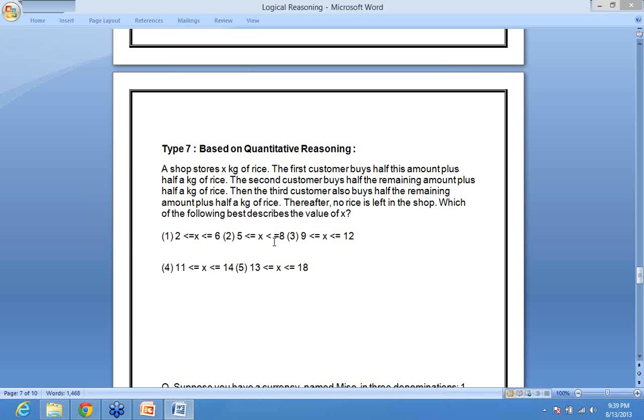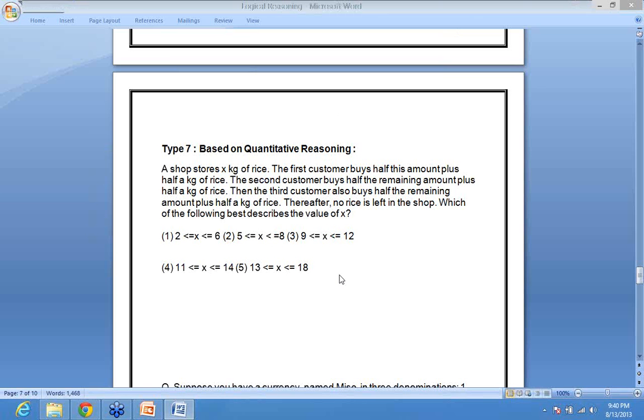The third customer would buy 1 by 2, that is half kg, and the last half kg which is left. In this way the entire rice would be finished. If you take 5, it will not end up, right? So 7 satisfies this situation.